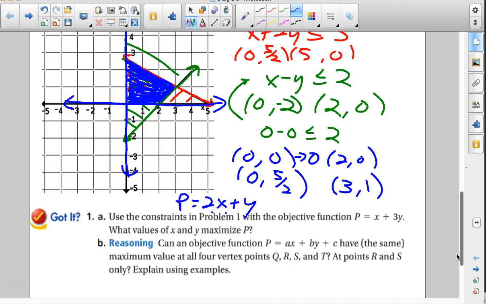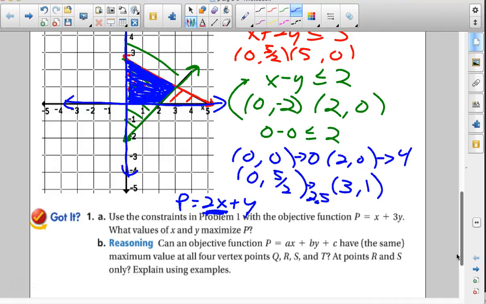Then I have to put 0 and 5 halves in here. Well, that'll be 2 times 0, which is 0, plus 5 halves, which is 5 halves. But since these problems are going to be in the form of a word problem, we probably want to write it as 2.5. Our 2, 0, if we put that into this equation, 2 times 2 is 4, plus 0 is 4.